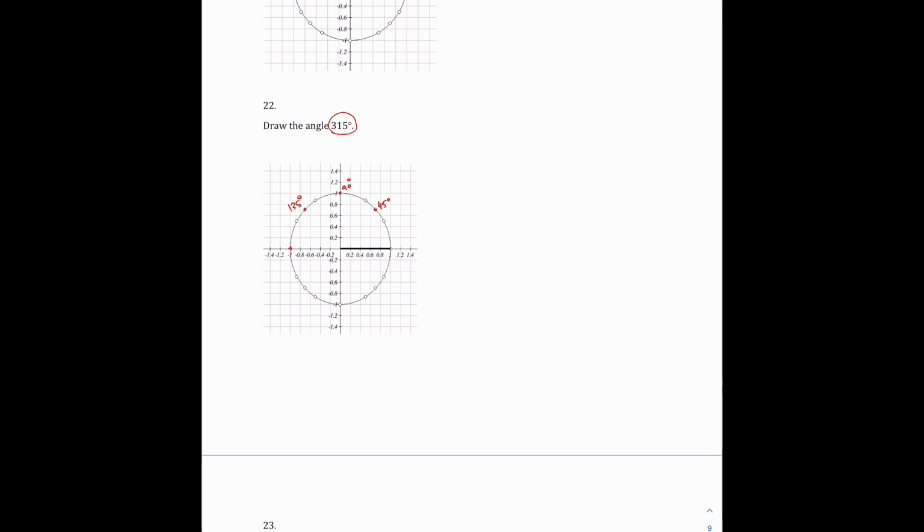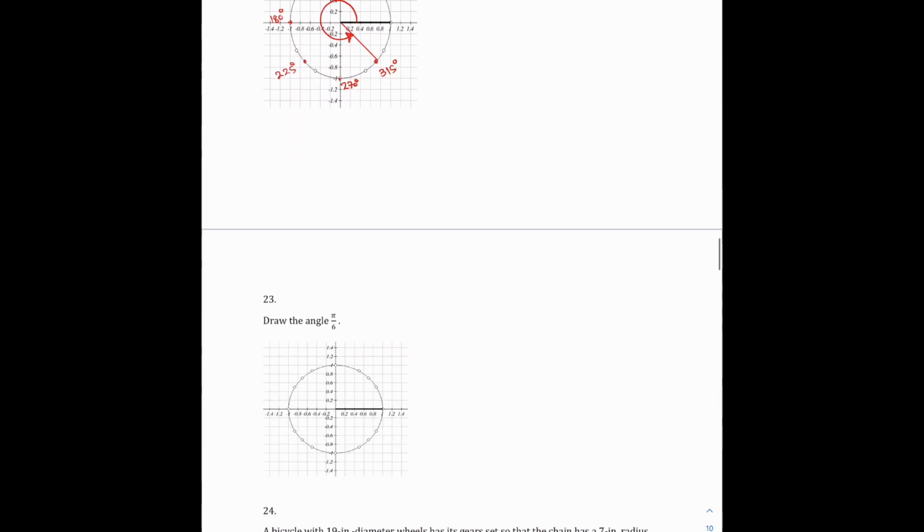And this is 180 degrees. 180 degrees plus 45 degrees is going to give me the next angle, which is 225. So this is 225 degrees, and this is 270. And then plus 45 degrees is going to give me 315 degrees. So that is my angle. And don't forget to put the arrow indicating which direction you went in.